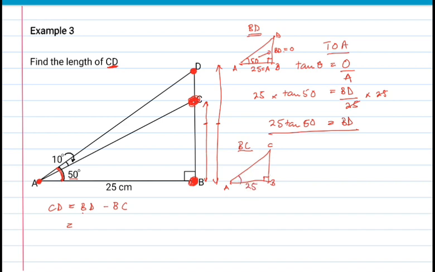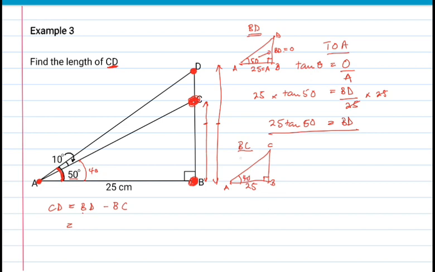And then our angle is starting from here up to here. So the full angle is 50, but from here to here we subtract the 10, and then here we get 40. So we bring 40 here.